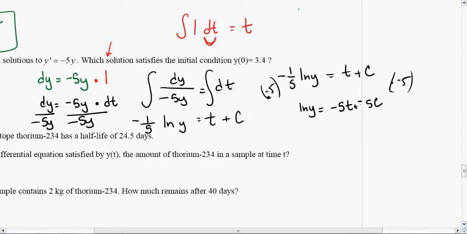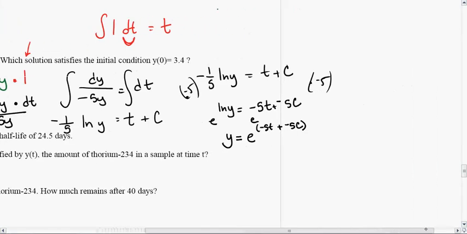And then I'm going to exponentiate. So e to the ln and e to all that stuff. e to the ln of y is just plain old y. And on the other side, I have e to the negative 5t plus negative 5 times my constant c. All right, we're almost there.